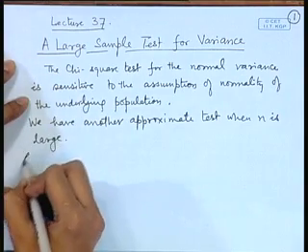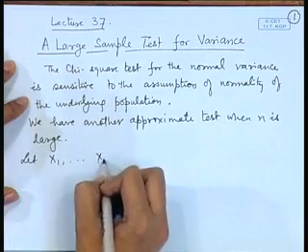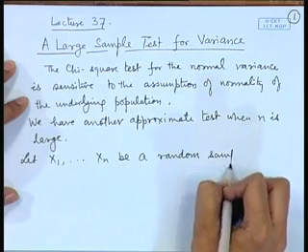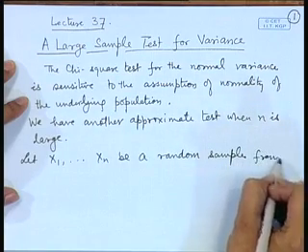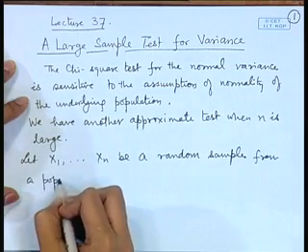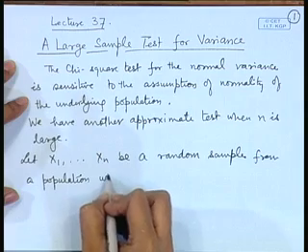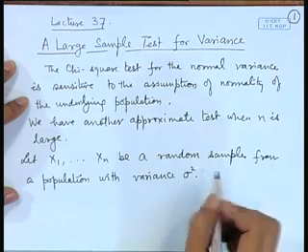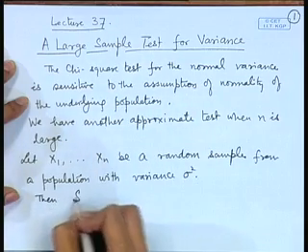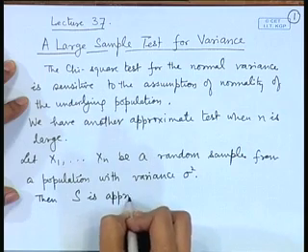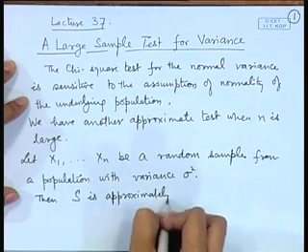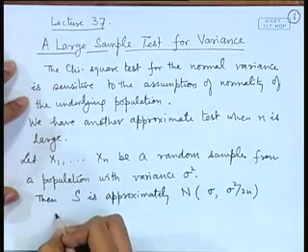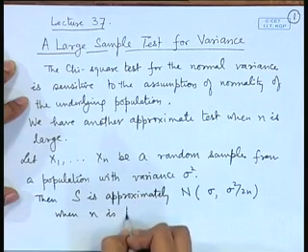So, let x1, x2, xn be a random sample from a population with variance sigma square, then S is approximately normal, with mean sigma and variance sigma square by 2n, when n is large.